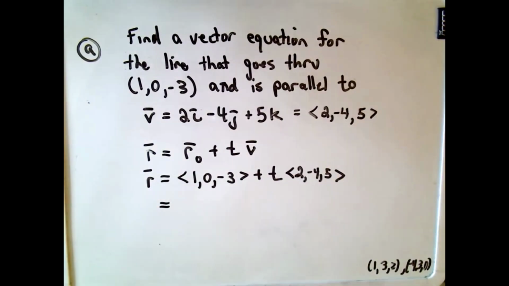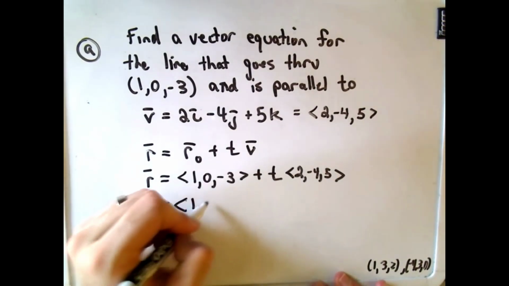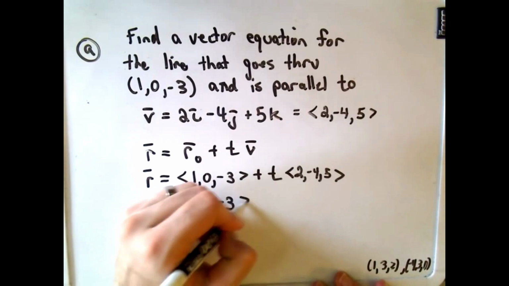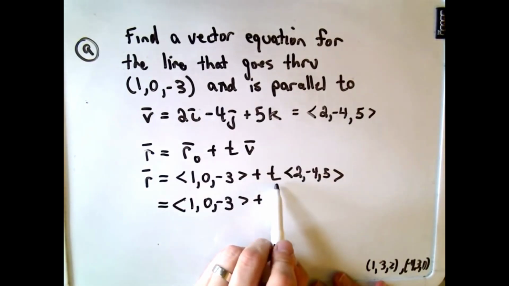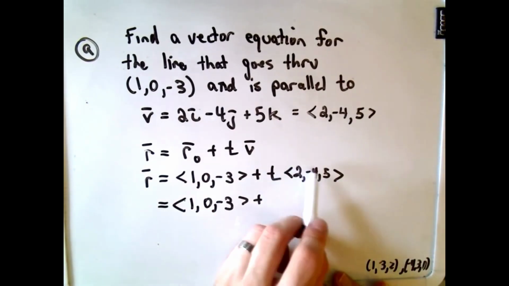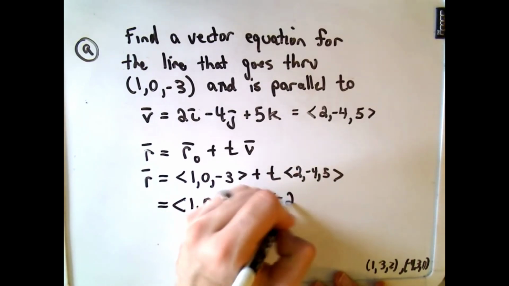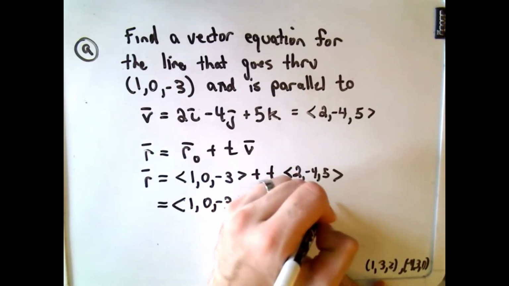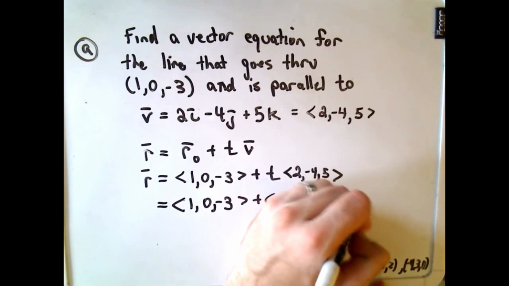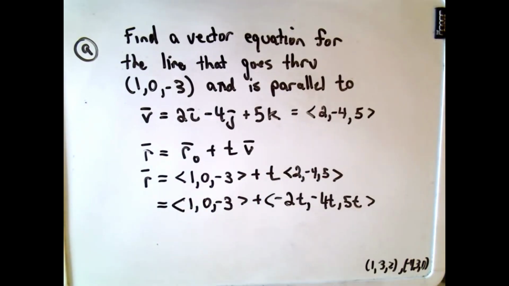And if you want to, you could rewrite this. So this is 1, 0, negative 3. Remember, if you multiply out front, you have to distribute, so the t will get distributed to everything. So we get 2t, negative 4t, and then we'll get 5t.